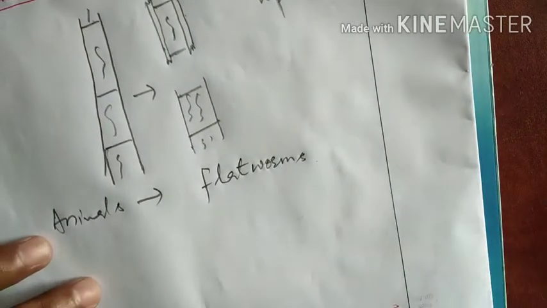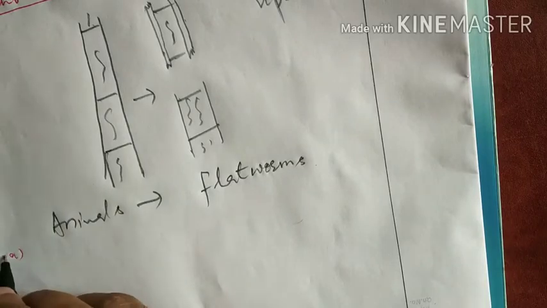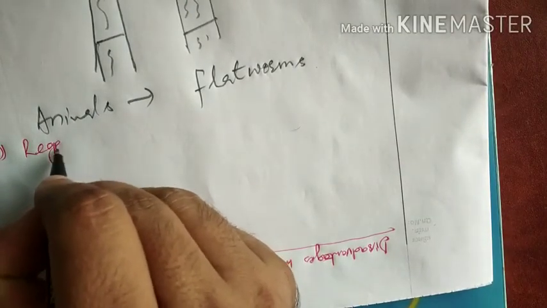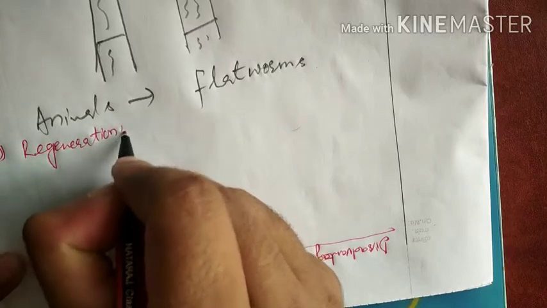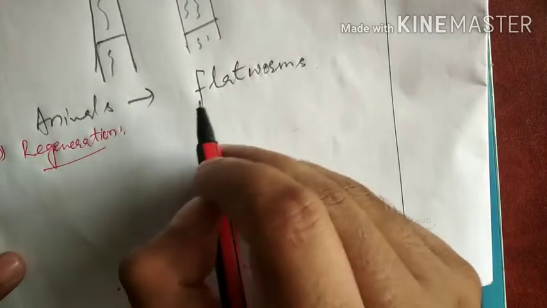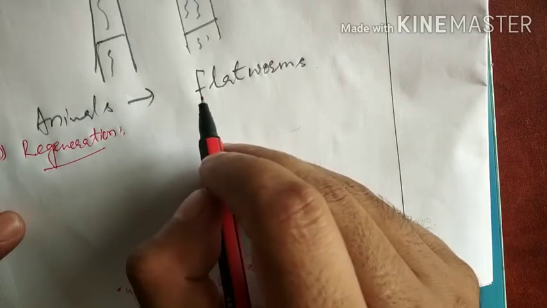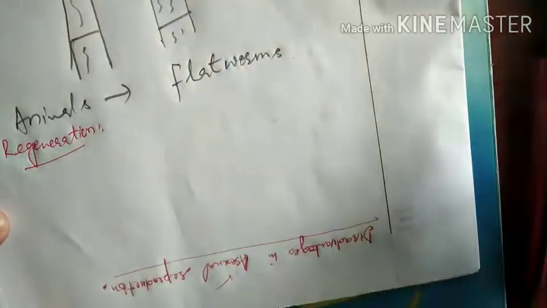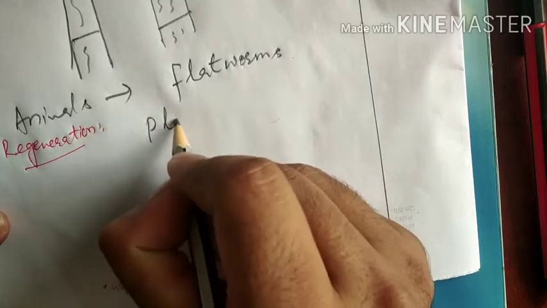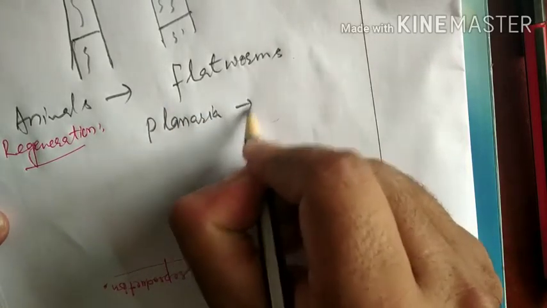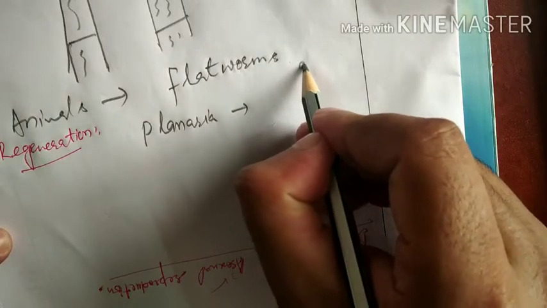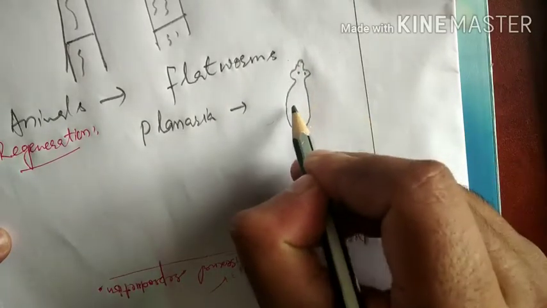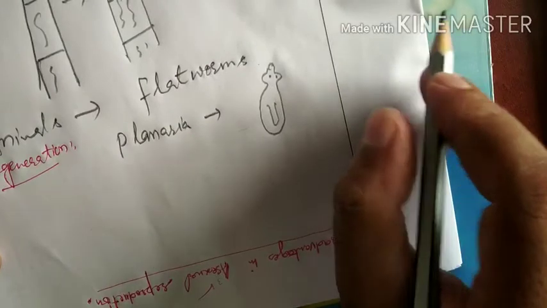The next mode we are going to study is very important. That is regeneration. Regeneration is the ability of a fully differentiated organism to give rise to new individual organisms from its body parts. In some organisms, like planaria, suppose this is the parent body.